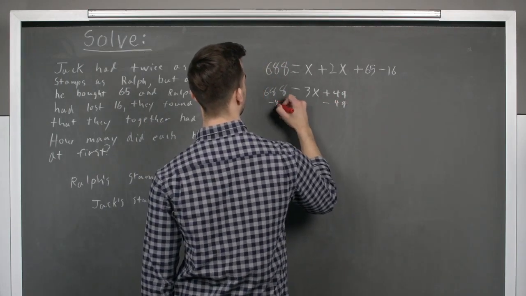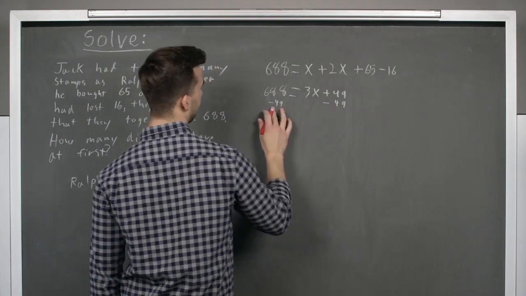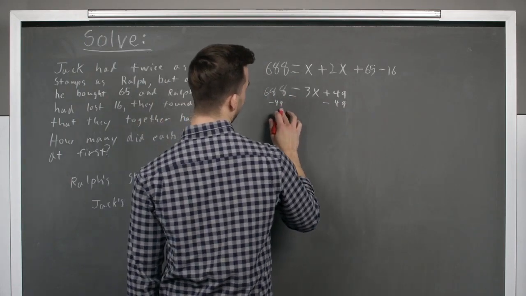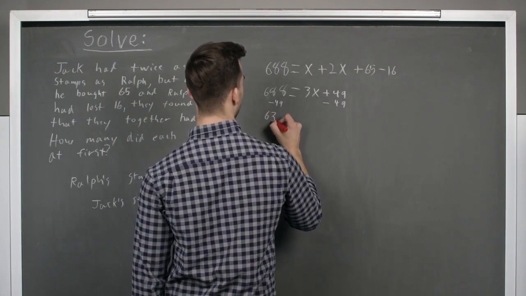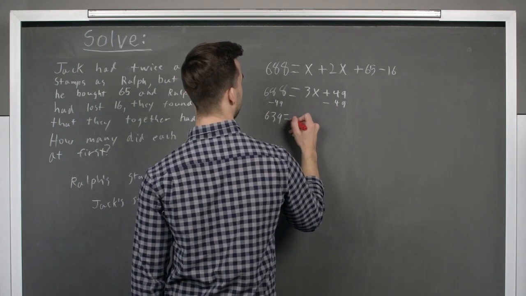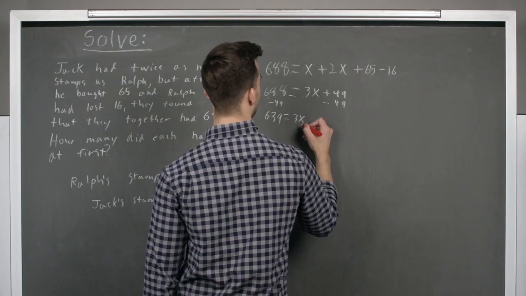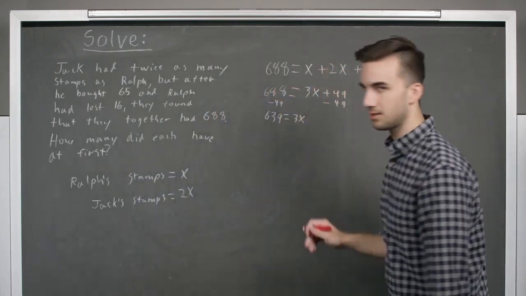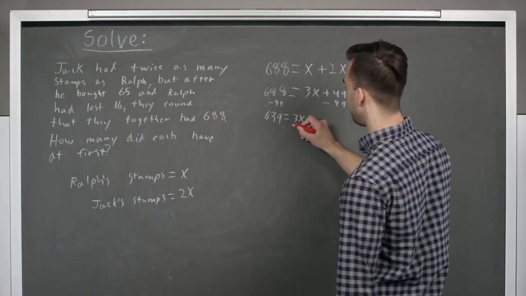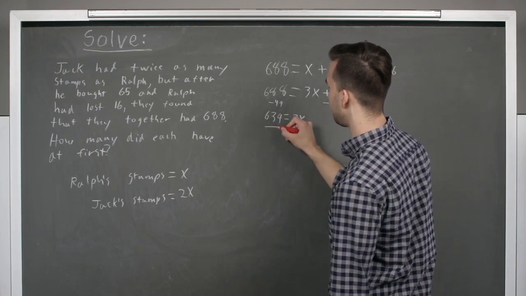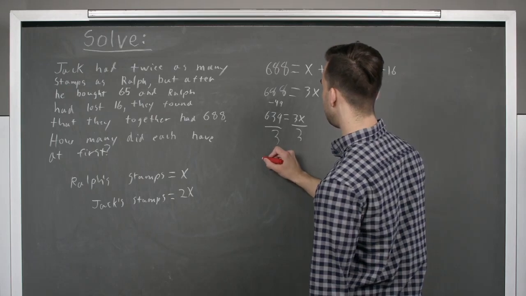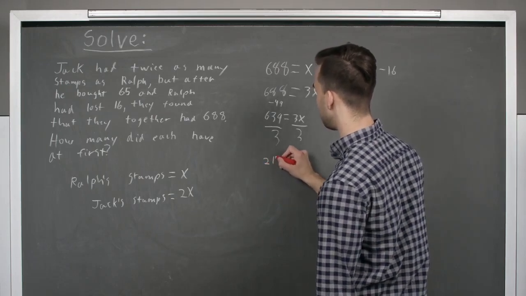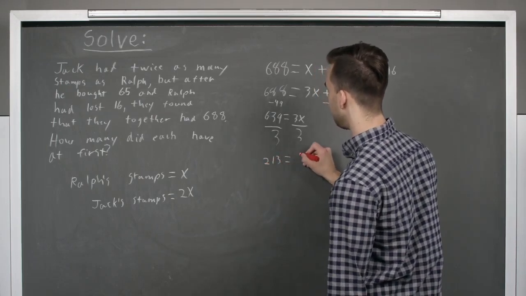That gives us 639 is equal to 3x. Now we can just divide both sides by 3 to get the x by itself. And that gives us 213 is equal to x.